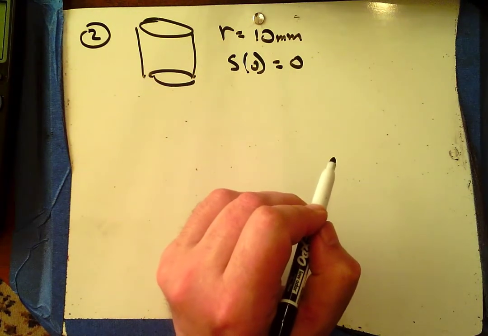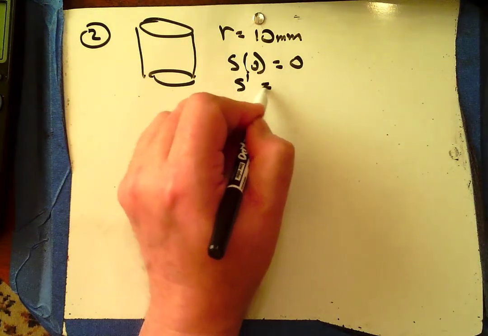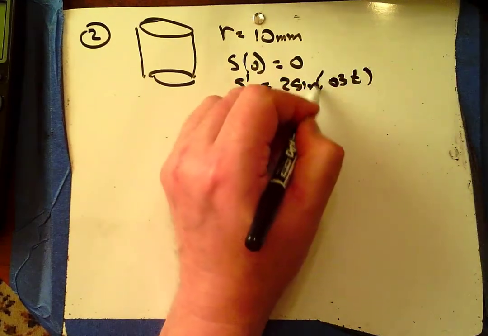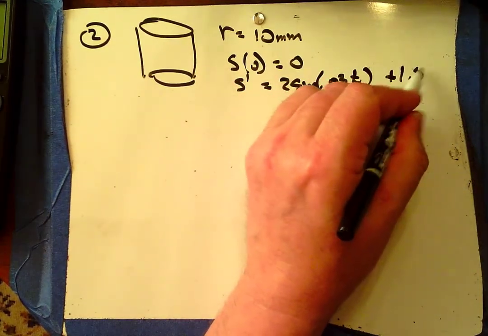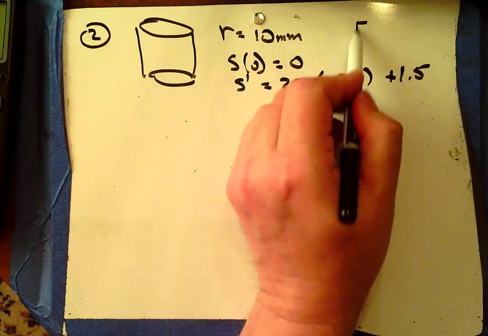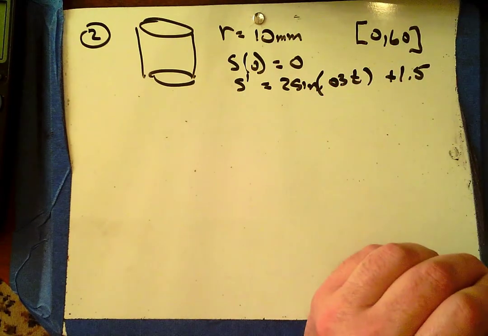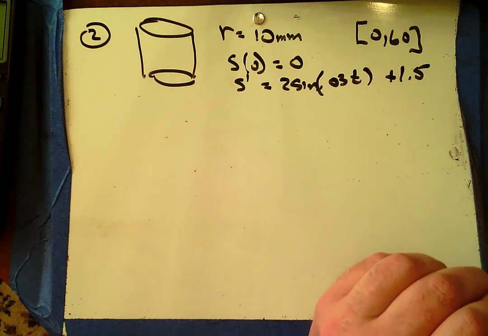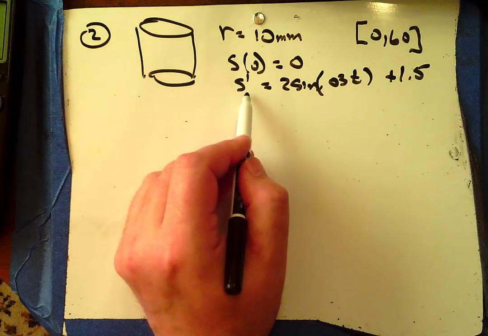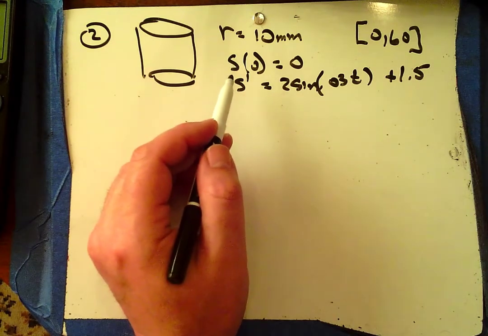The height of the water is measured by S of t, and they give me S prime equals 2 sine of 0.03 t plus 1.5. I think I'm going to be using a calculator here. They give me the bounded interval 0 to 60 to check. And this is the rate at which the can is rising. This is the height of the water in the can.